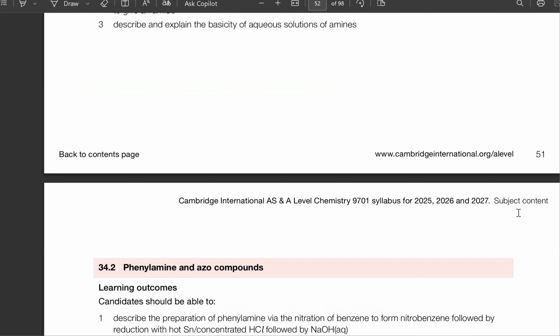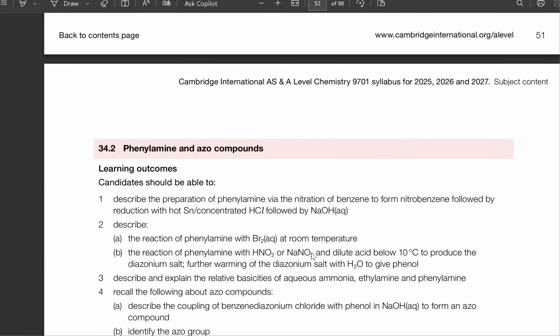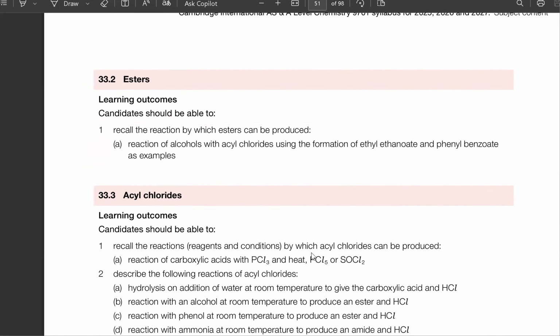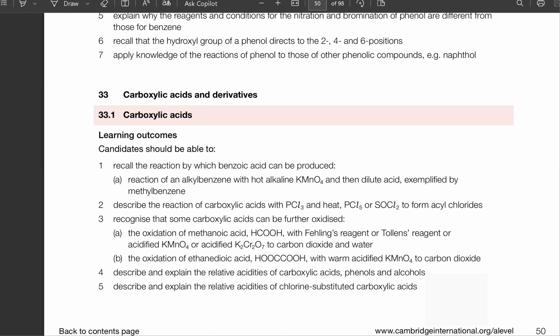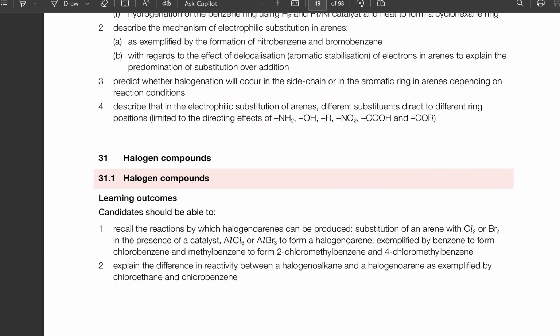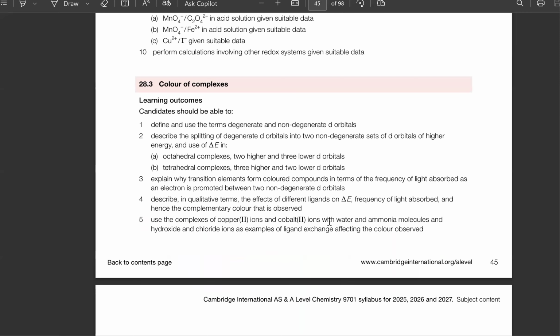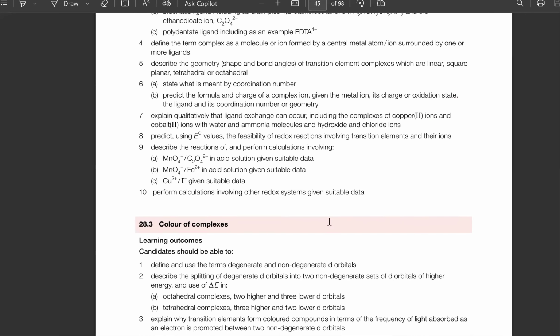Why don't I get transition metals? Hold on one sec. ठीक है, I think it's before this. Colors of complexes, yeah, this one.